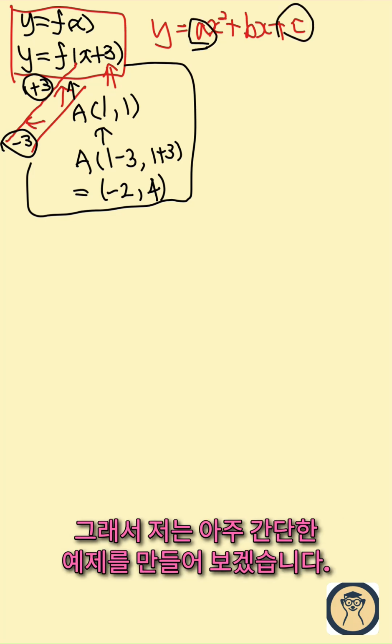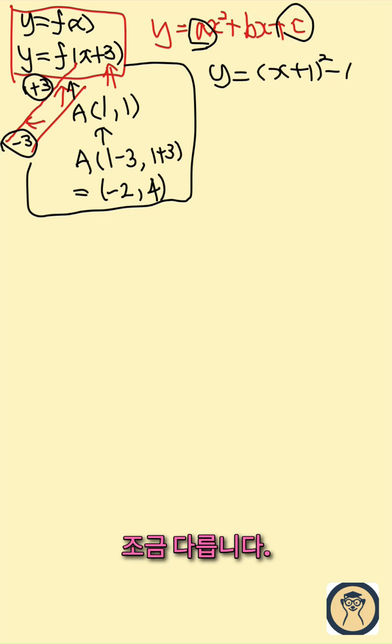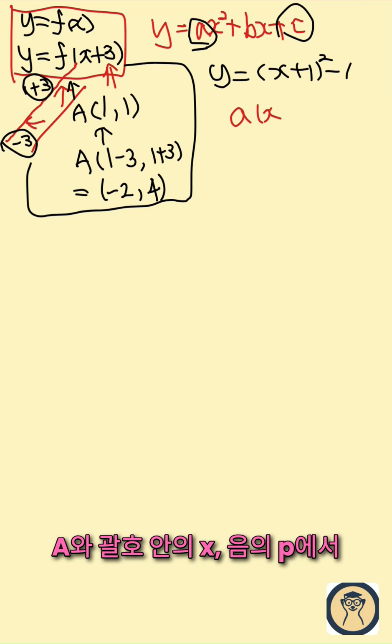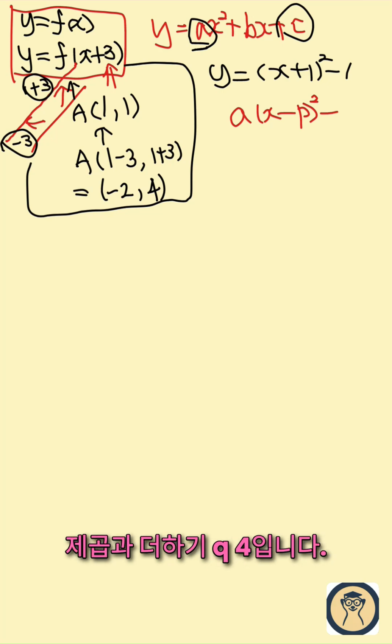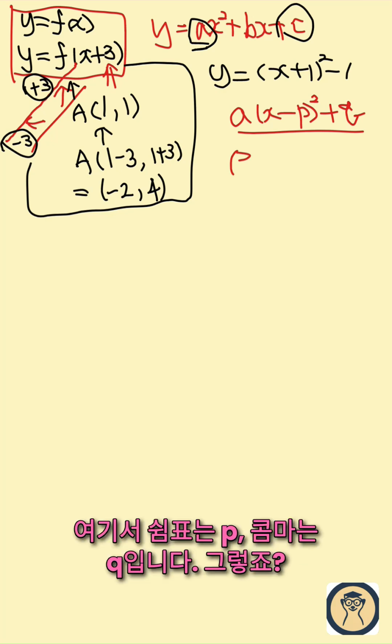So I'm going to make a very simple example, which is something like this: (x + 1) squared - 1. This is the standard form, which is a little different: a(x - p) squared + q. In English, the vertex point is 꼭지점, which is (p, q) here, right?